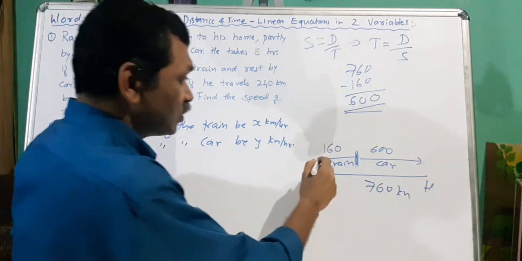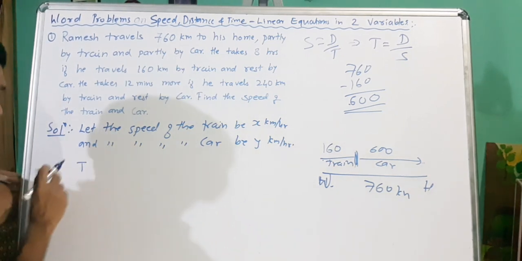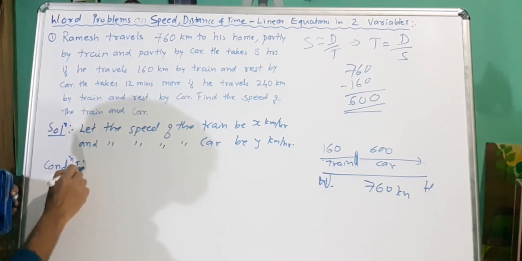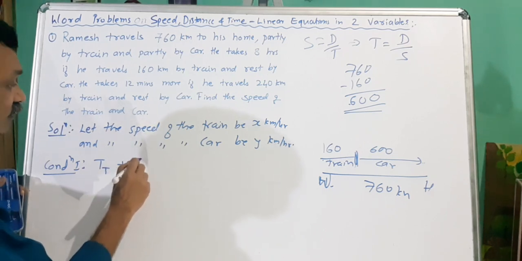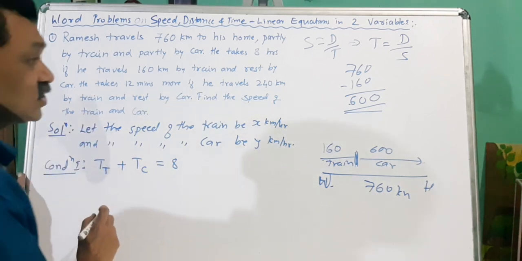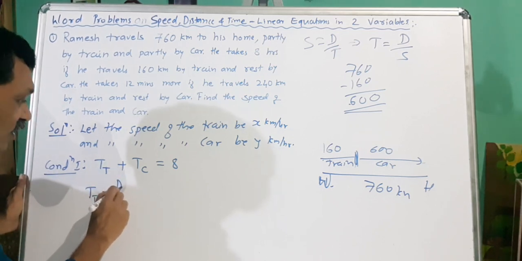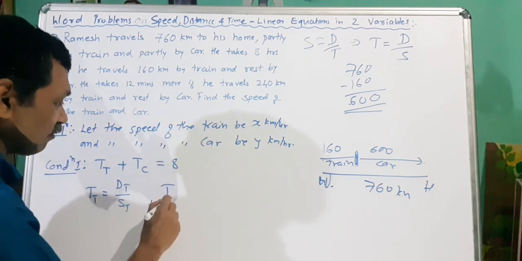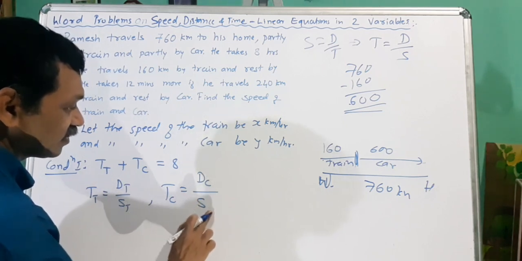In condition 1, the time travelled by train plus the time travelled by car is 8 hours. Time travelled by train is the distance travelled by train upon the speed of train. In the same way, time travelled by car is the distance travelled by car upon the speed of car.